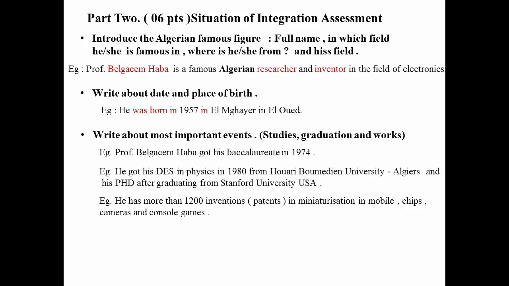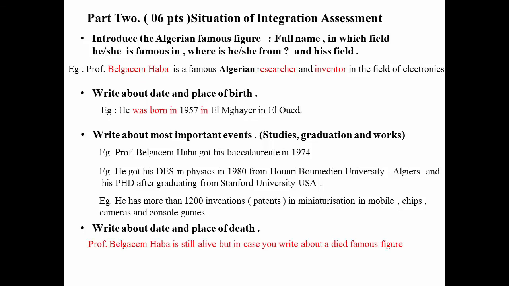Then the last thing you can write about is the date and the place of death. Because Professor Belgacem Habba is still alive, but in case you write about a deceased famous figure, and we have plenty, you may write about Abdelhamid Ben Badis, for example, or Malek Bennabi, or Kateb Yacine.